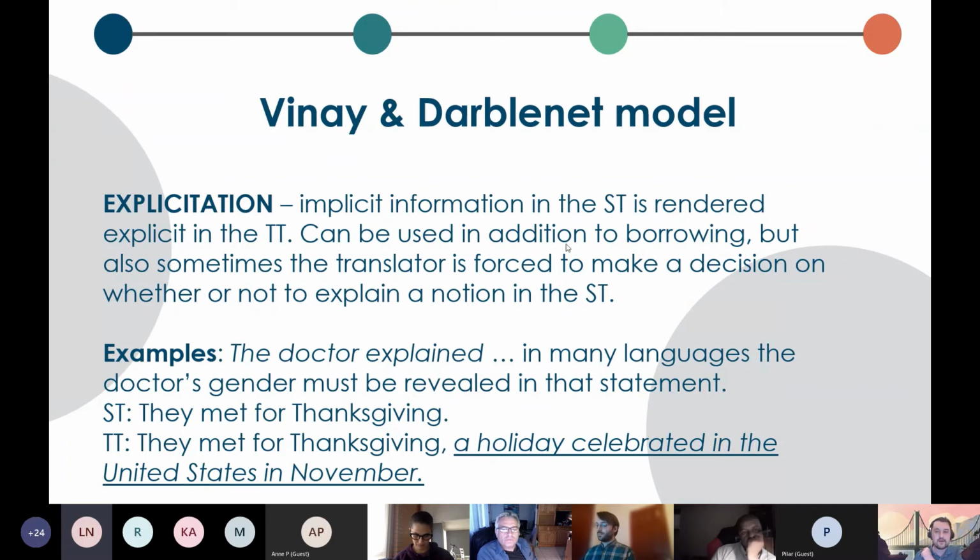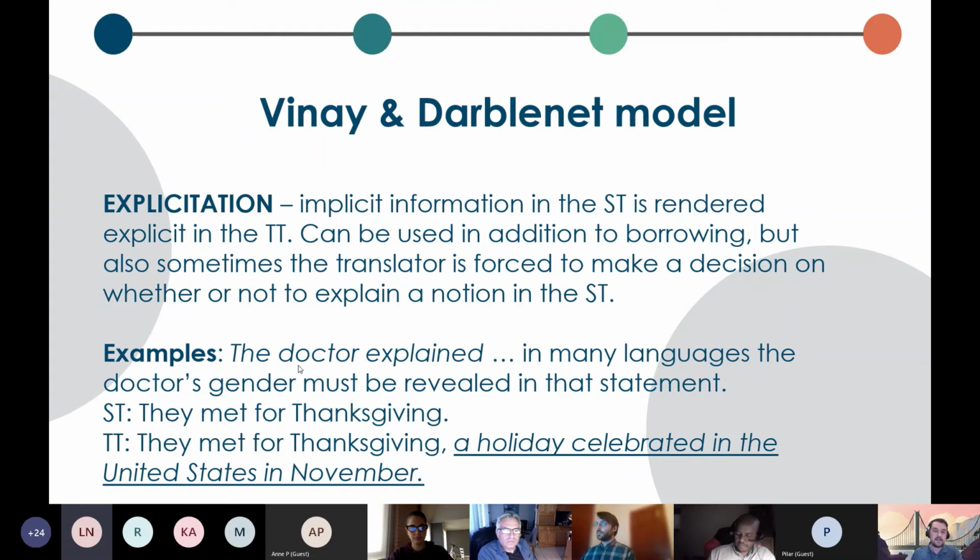Maybe we can borrow a term. We could use the first one, borrowing. We don't know how to translate something, so we borrow it. And then we basically add a very short explanation as to what it is. This is very important when translating across cultures.